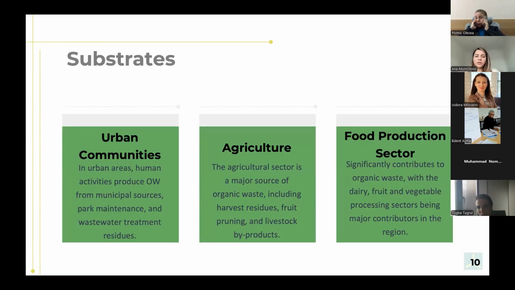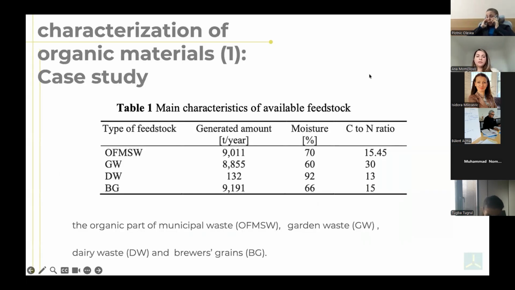For the substrates, I already spoke about this. We used urban communities, agricultural, and food production sector. The main available feedstocks that were looked at for this particular study were the organic part of municipal waste, also park waste, here labeled as garden waste.